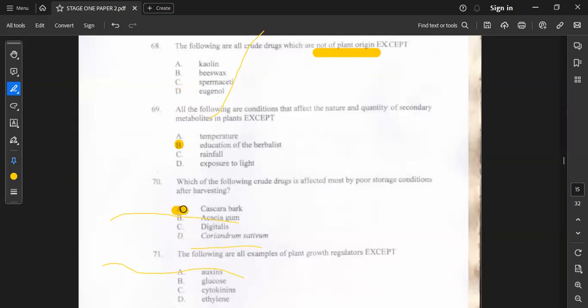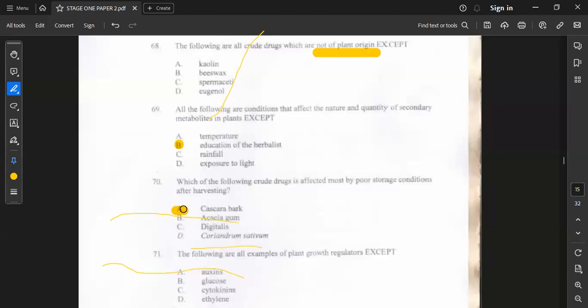You said it's also affected by heat. Yes, because of the active ingredients, the anthraquinone glycosides.